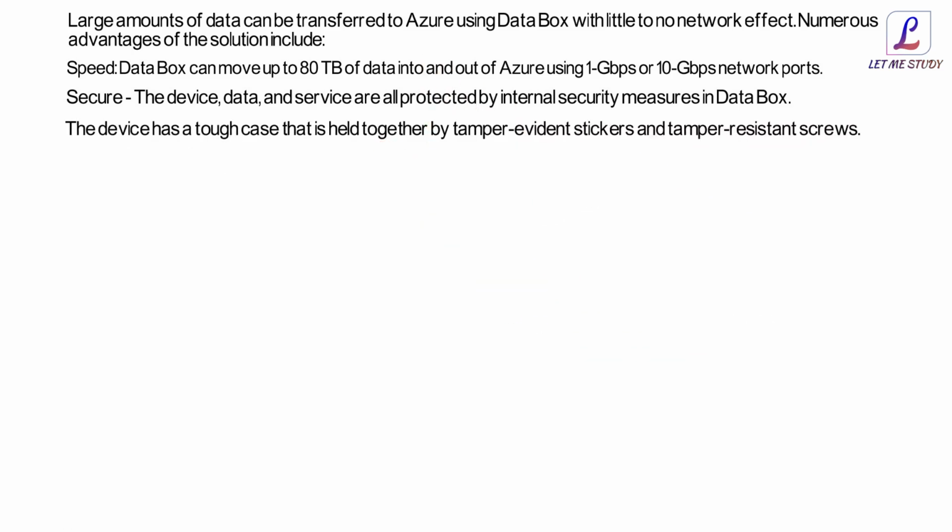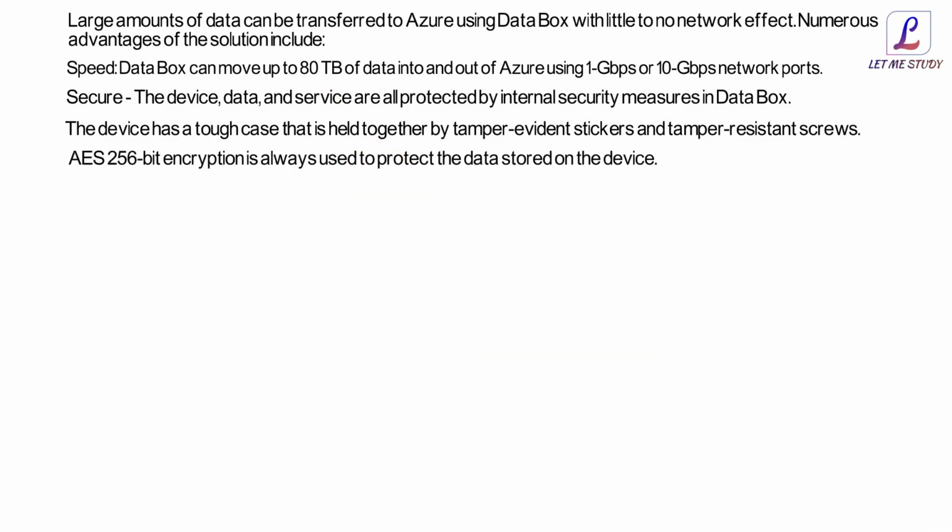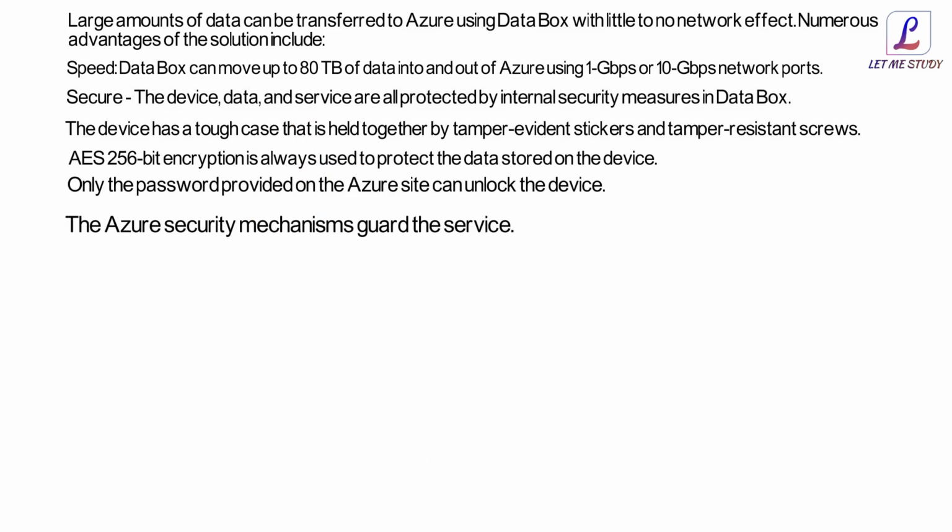The device has a tough case that is held together by tamper-evident stickers and tamper-resistant screws. AES 256-bit encryption is always used to protect the data stored on the device. Only the password provided on the Azure site can unlock the device. The Azure security mechanism guards the service.